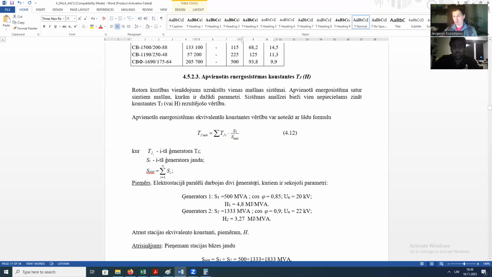If we need to represent the inertia of the whole power system, we need to calculate inertia based on each generator in the power system.